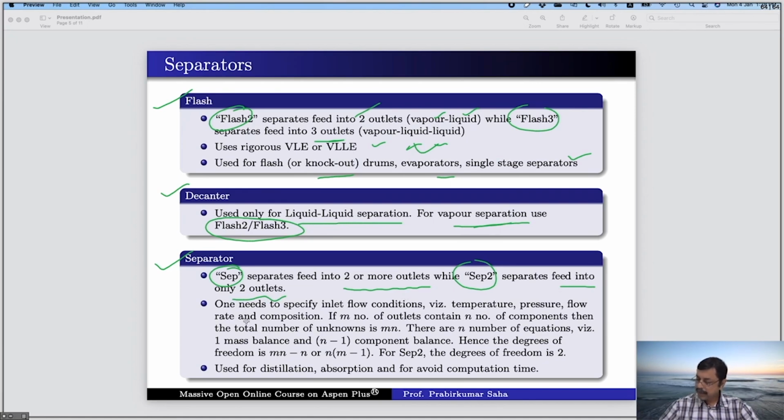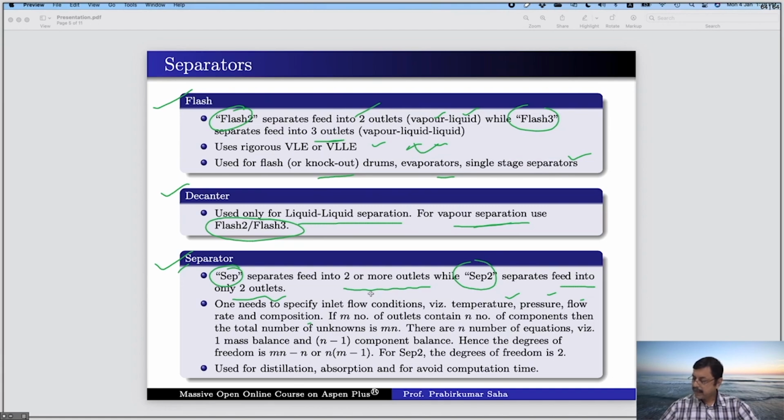Now, in separator, one needs to specify the inlet flow condition, and that is true for any other model. The inlet flow conditions are temperature, pressure, flow rate, and composition. Once you fix them, then the outlet flow and outlet compositions are the ones which are unknown.